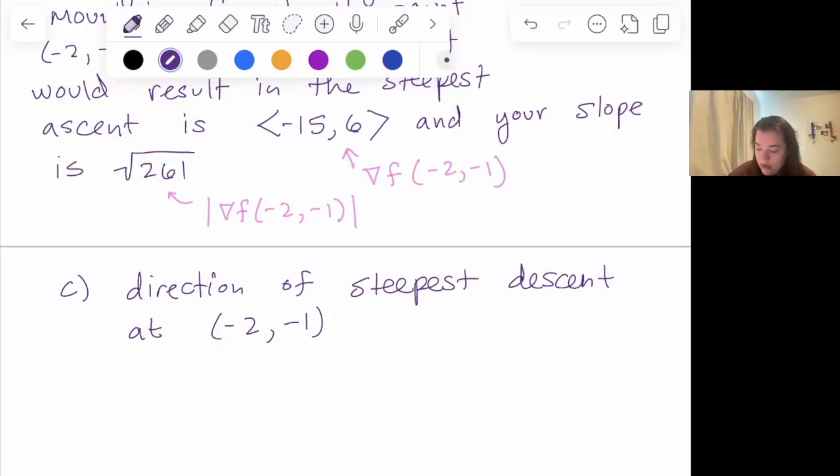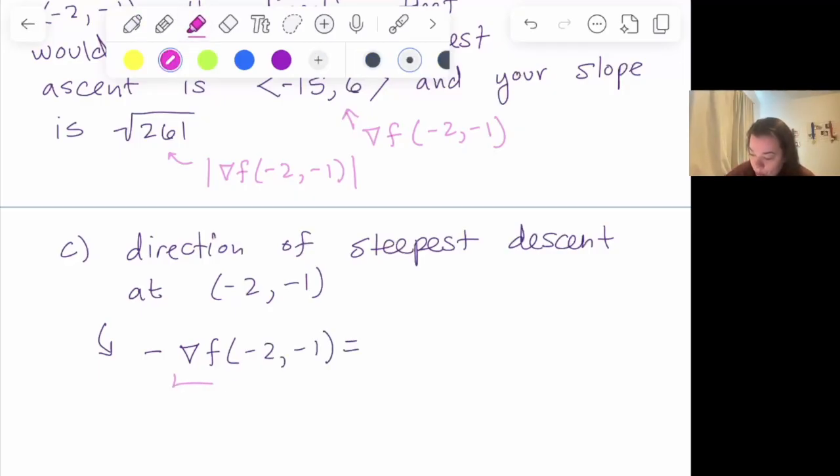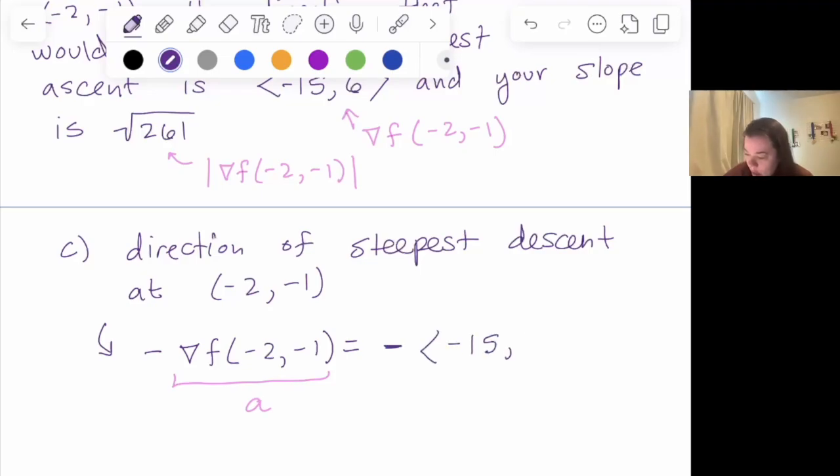This is found, so my scratch work, this is found by taking the negative gradient vector at that point. We already have this portion. We found this portion in part A. We have that. So what we need to do is just adjust it. The negative gradient vector. I'm just copying down the answer from part A. Distributing that negative in will give us the following.